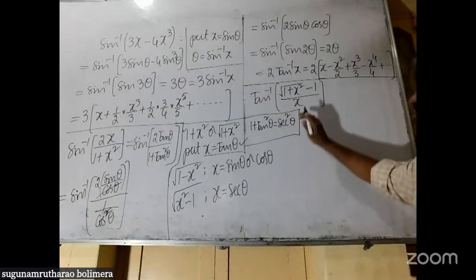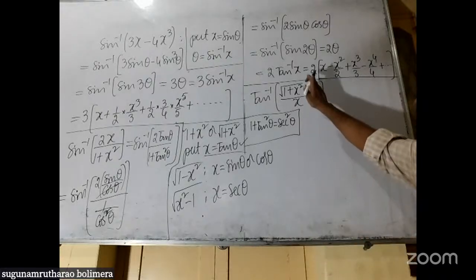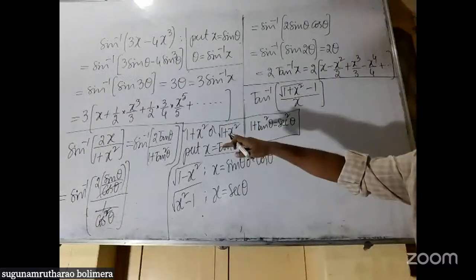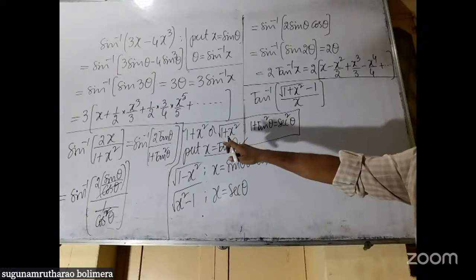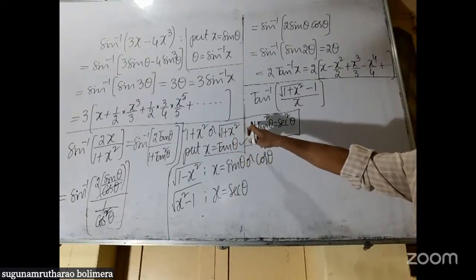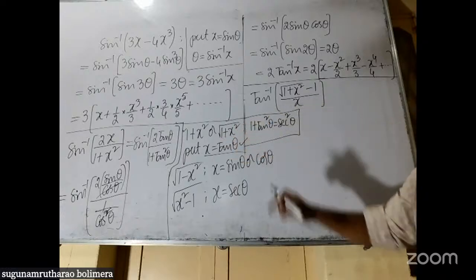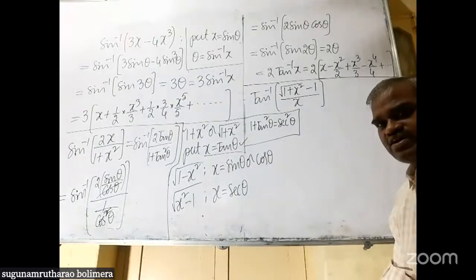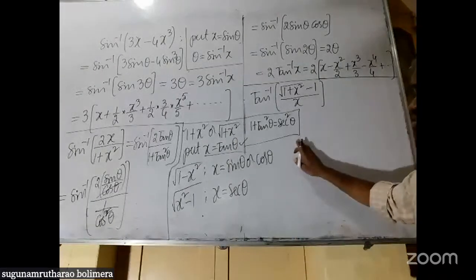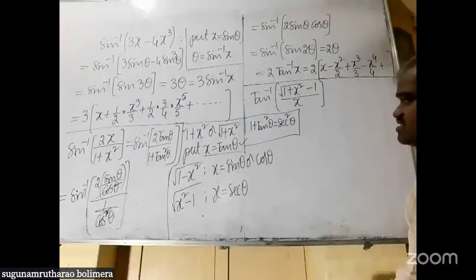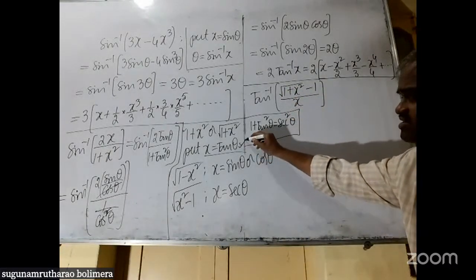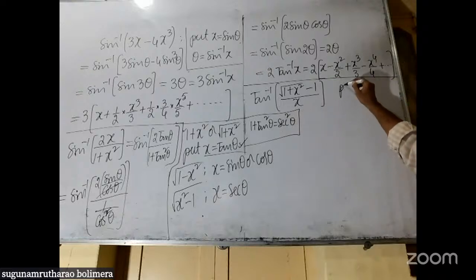Here, like in the previous problem, 2x by 1 plus x squared, as we have taken x equals to tan theta. So for 1 plus x square or root of 1 plus x square, put x equals to tan theta. In the same manner, here also root of 1 plus x square we are having, so put x equals to tan theta.